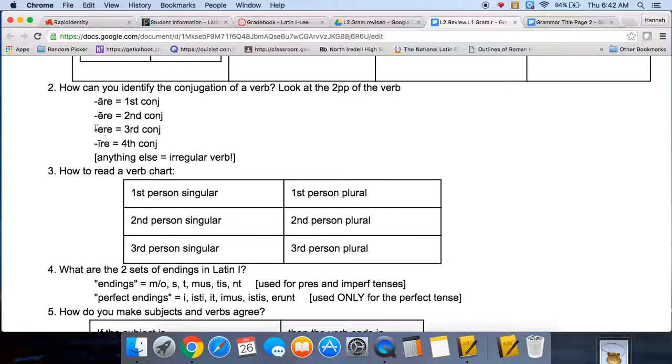Third conjugation is just going to be that short ere. Okay, they're in alphabetical order. It should be easy to remember them. You have your A's, then your E's, and the I's. No O or no U. If you have other things, like ESSE or VELLE, then you know that you're dealing with an irregular verb.